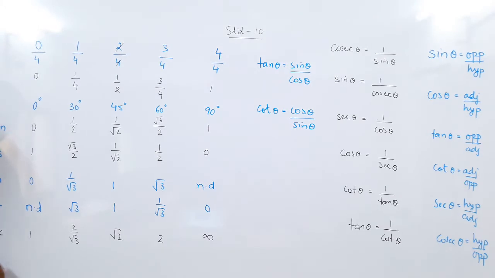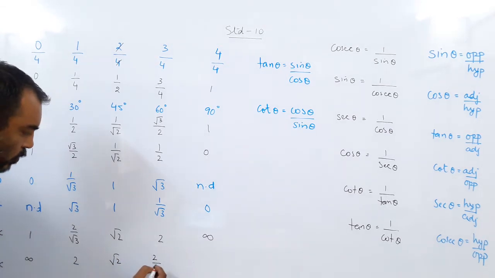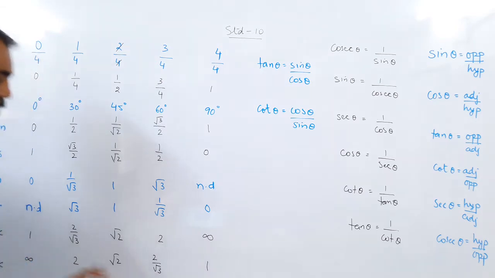And similarly cosec. Cosec is also the reverse of sec. So cosec you can find out by the reciprocal of sine or the reverse of sec. So you will write here infinity, 2, root 2, 2 by root 3 and 1.